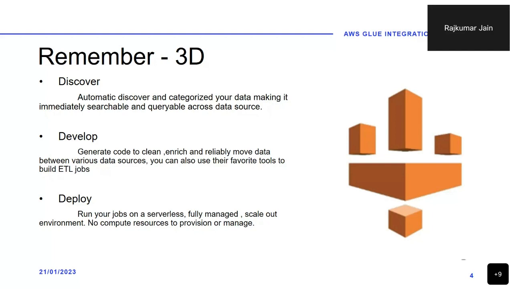Then the second is develop. In the develop stage, for job authoring, with the help of the AWS Glue Studio UI, we just have to drag and drop the source and target, and then define what kind of automations and rules we want to apply, when it should run, and when we should schedule that particular job.